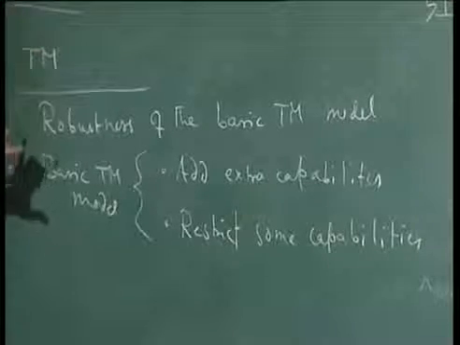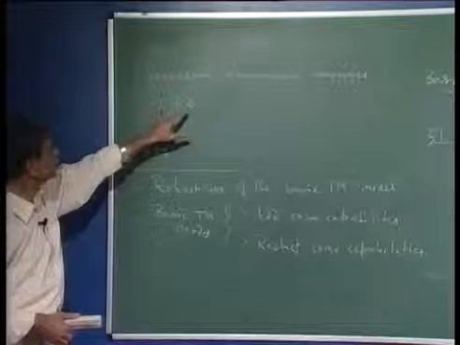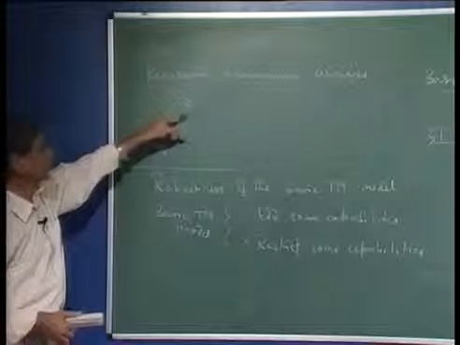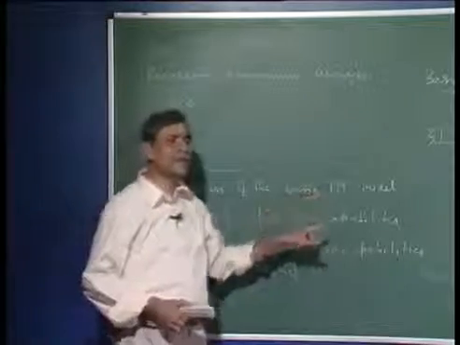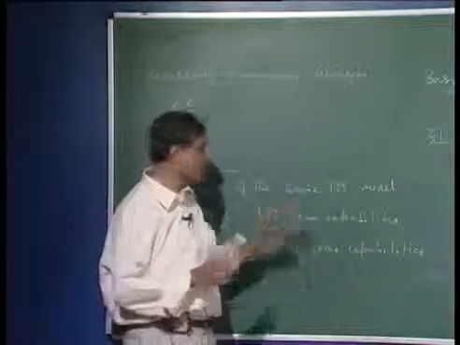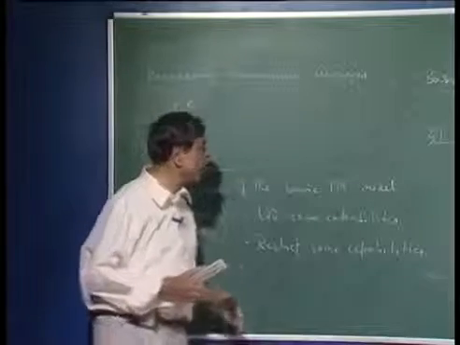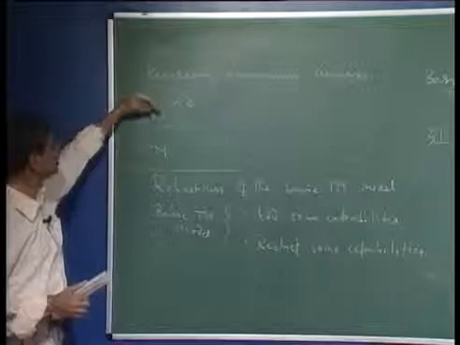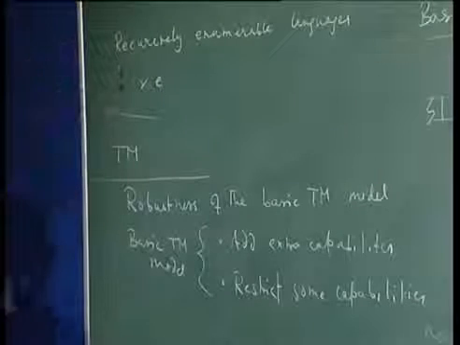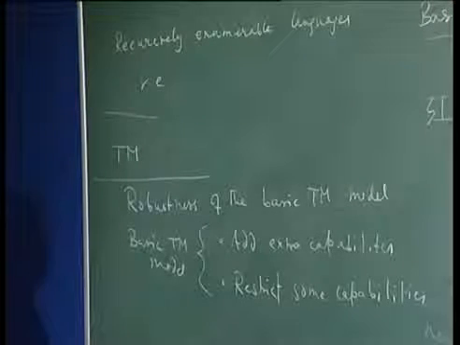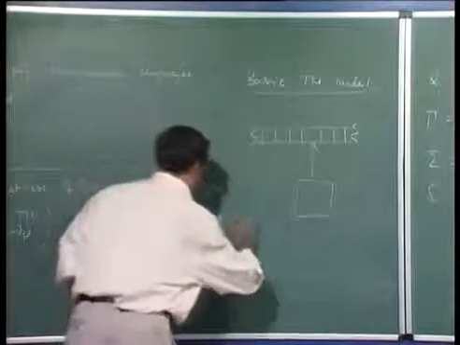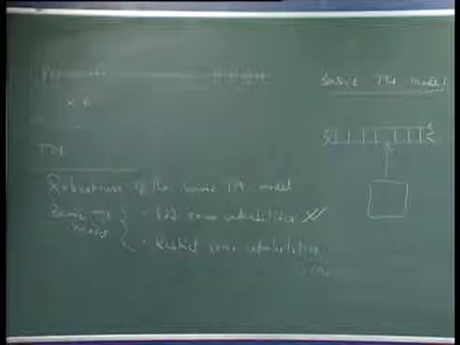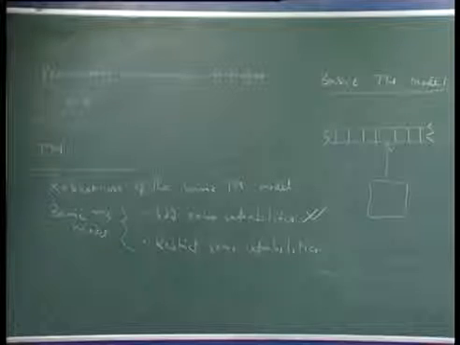In that case, we can claim that this class of languages defined through our basic Turing machine model is a good class, because changing small things here and there does not make any difference to the class of languages which is recognized. So, first of all, we will try to add a few capabilities to the basic Turing machine model. This is the model, and let us see what we get.